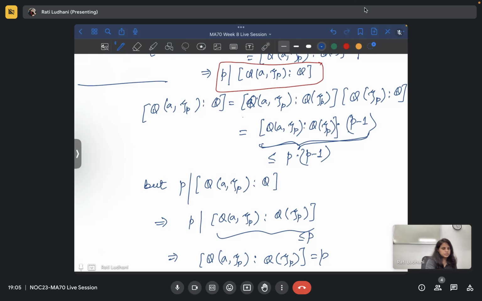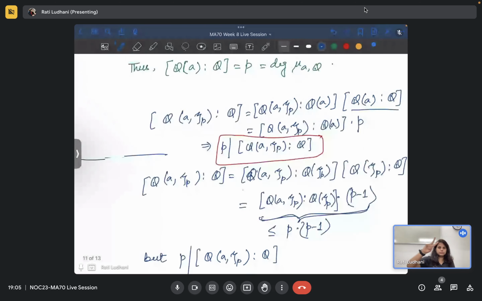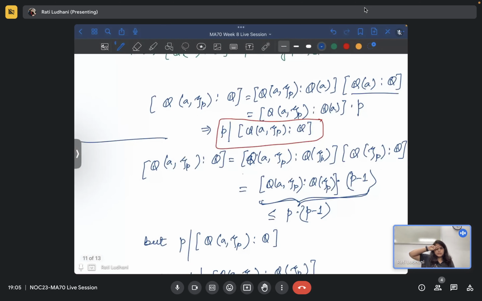Yes. So we have used two equalities. We split it with respect to qa and q zeta p, these two types. And from one we got p should divide this l over q, and from the other we used the formula. In that formula we know that p minus 1 is there, and there is this part.